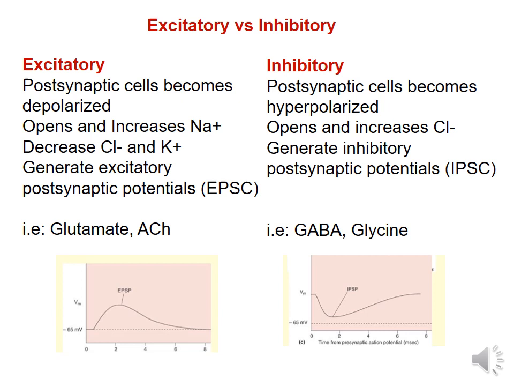On the other side, inhibitory neurotransmitters like GABA or glycine result in an intracellular increase of chloride ions and hyperpolarization, generating an inhibitory postsynaptic current. And we will see more about the electrophysiological properties of the different ionotropic receptors in way more detail in the last lecture of this section on ionotropic receptors.